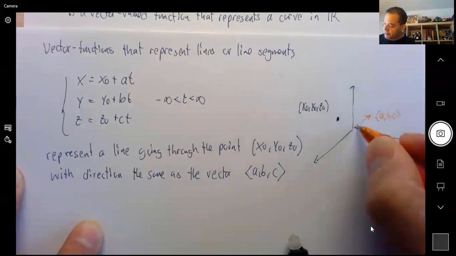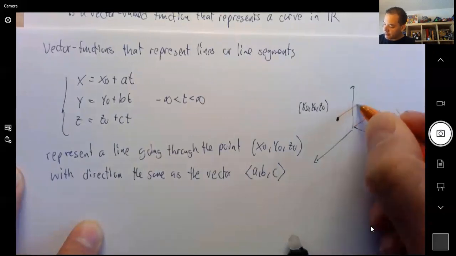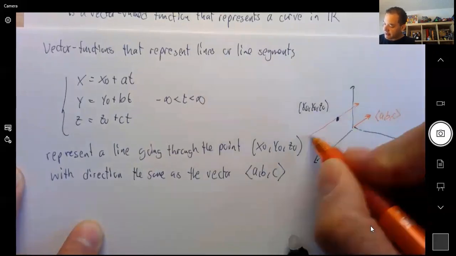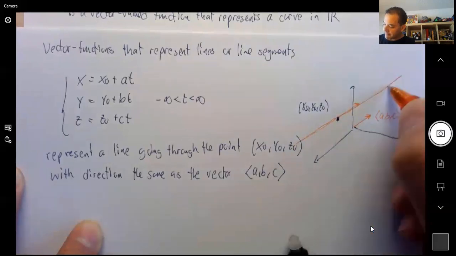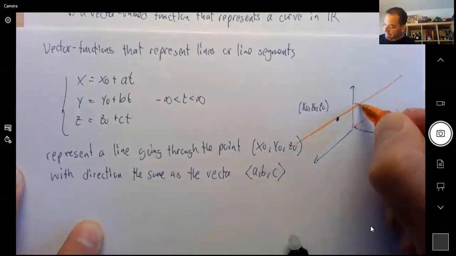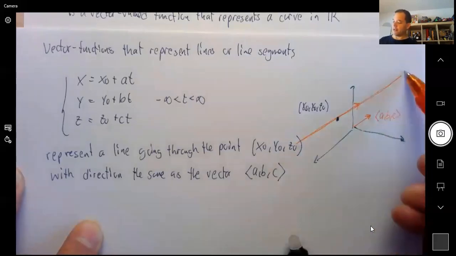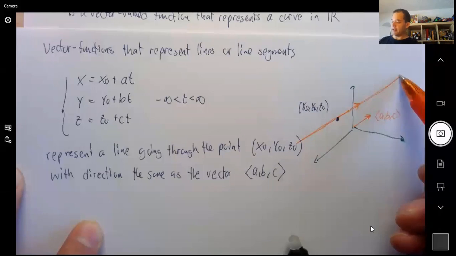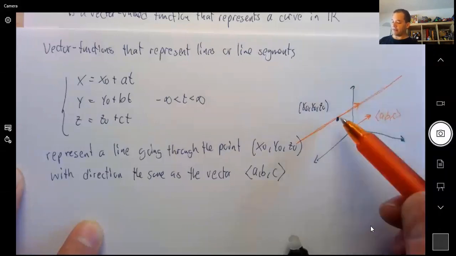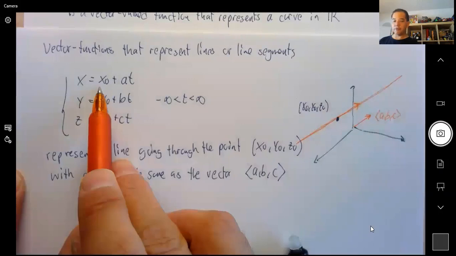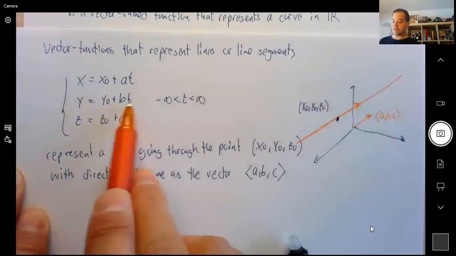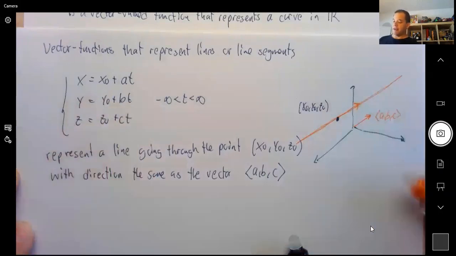Then you copy this vector abc, you put it on top here, and that's the line we're doing. You want to find the equation of this line. You do x is x0 plus at, y is y0 plus bt, and z is z0 plus ct. Now, this was when we were doing parametric equations.